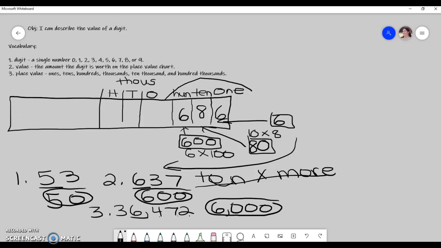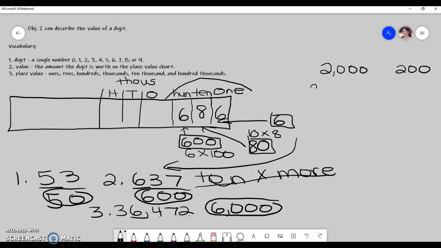Now you have to understand the words of this. So if we had a question where you compared the values of 2 different numbers. So let's say we had 2,000 and we had 200. So you had to compare these two values.